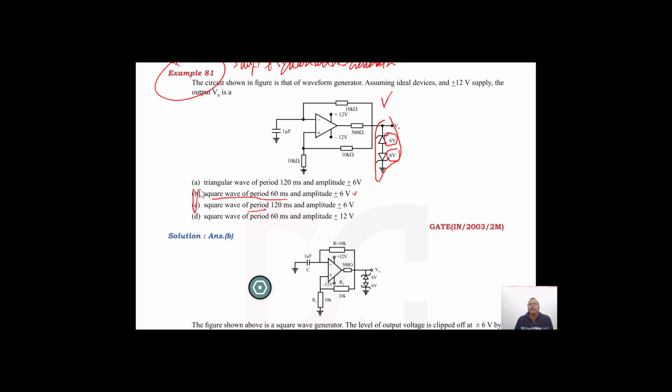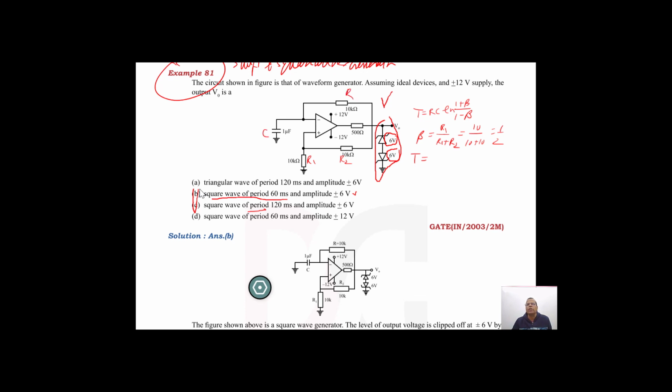The time period of the square wave generator is given by T equal to RC ln (1 plus beta) by (1 minus beta). I hope you remember that. Beta is nothing but R1 by R1 plus R2, where R1 is this resistance, R2 is this resistance. So that is 10 by 10 plus 10, so that is 1 by 2. So T will be equal to, R is given to you, this is R, this is C, if you remember the circuit.